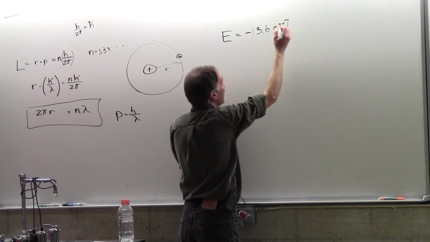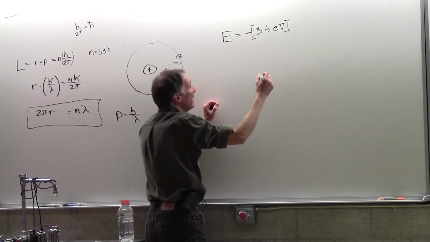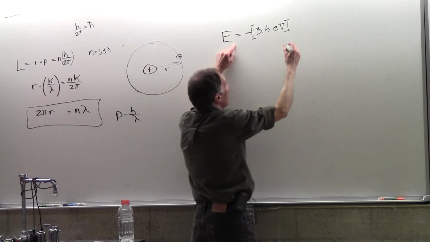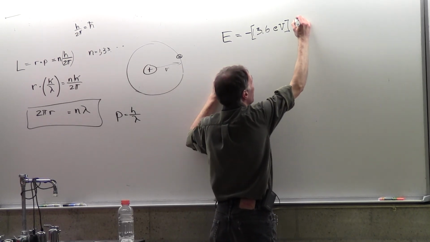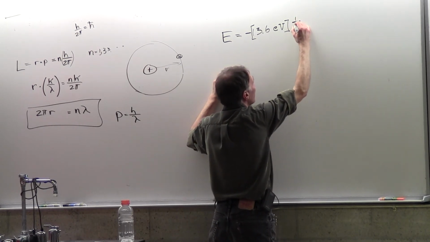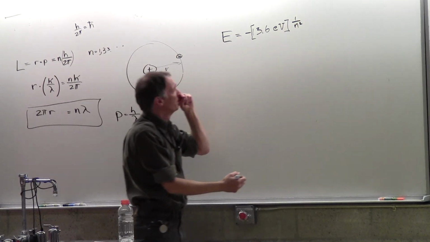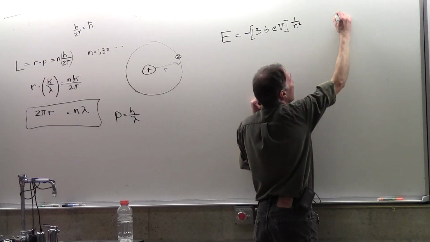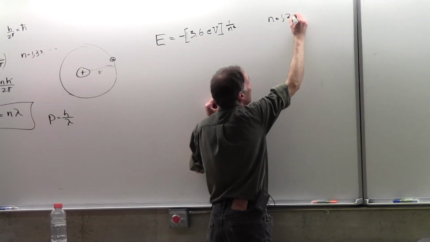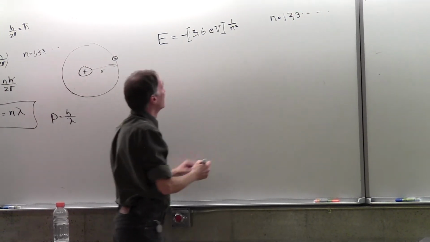So this is just a constant out front. And then the n is over here, n squared, and n can take on the values 1, 2, 3, and so on, all integer values.